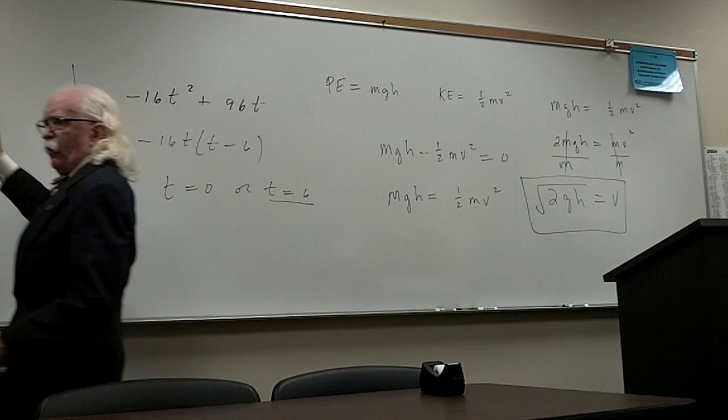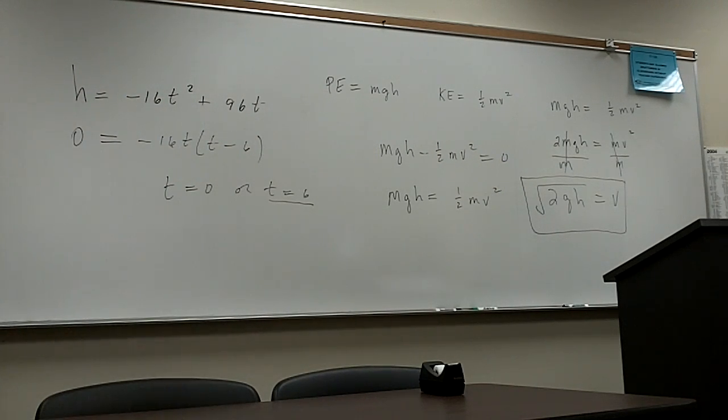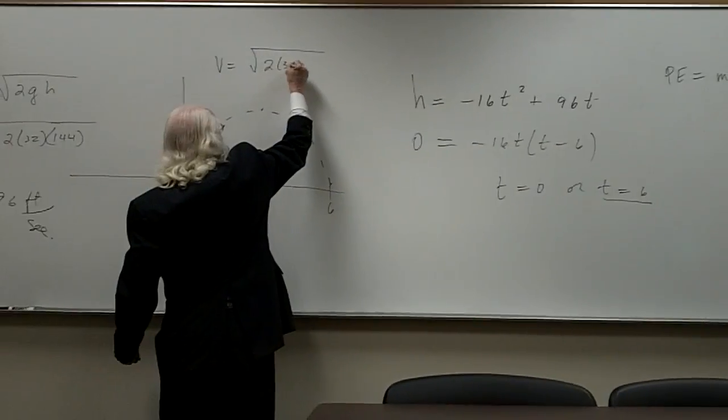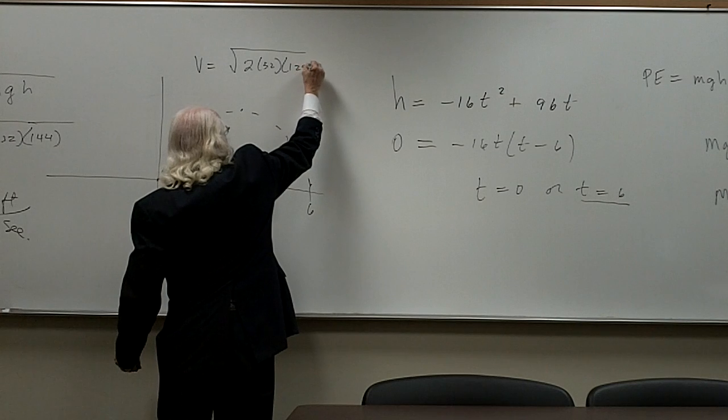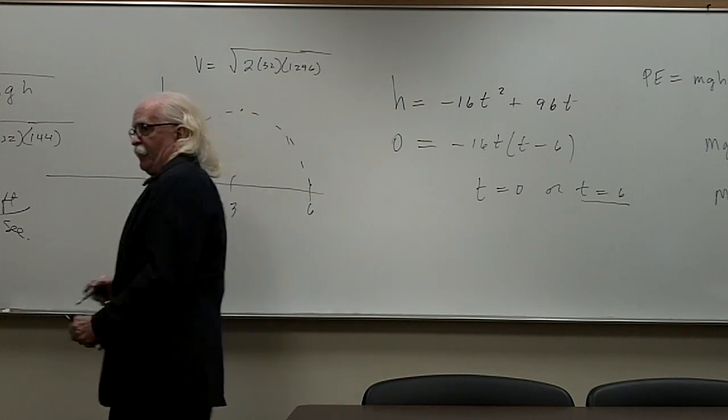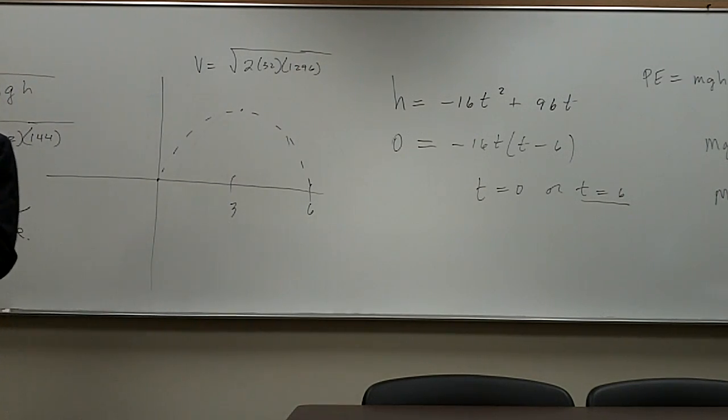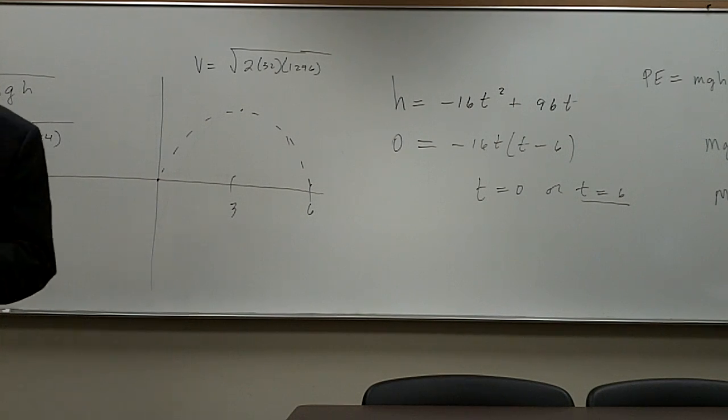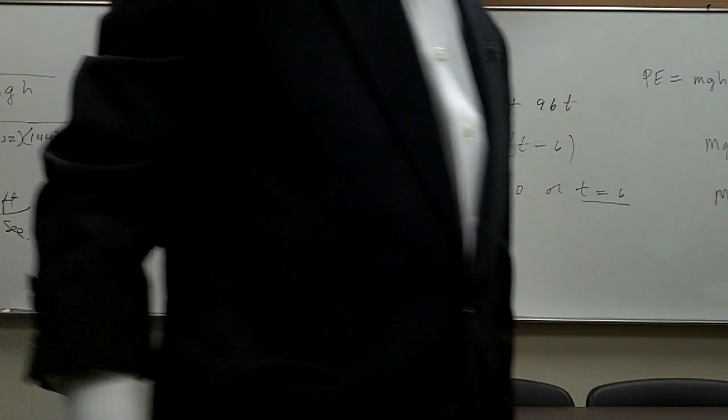Don't you see why they don't want you throwing things off the Empire State Building? This velocity would be what? Do that arithmetic. Tell me how fast it's traveling. Almost 83,000 feet per second. How much? 83,000 feet per second.